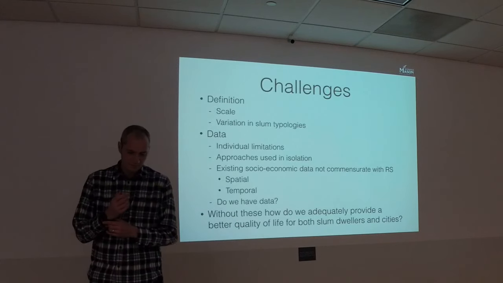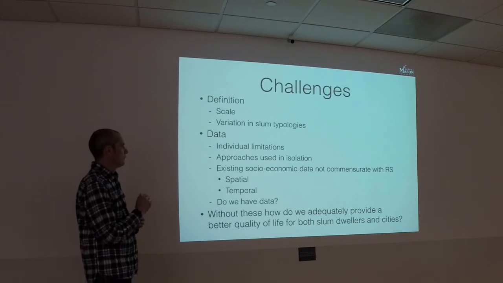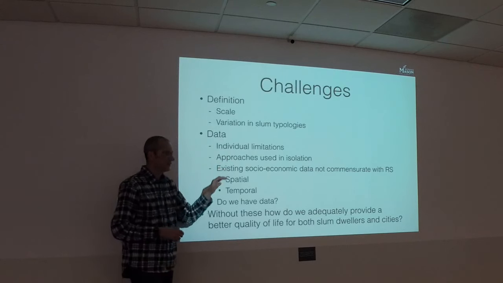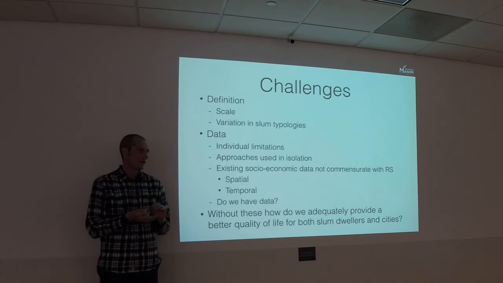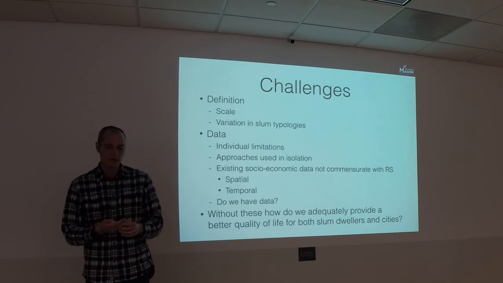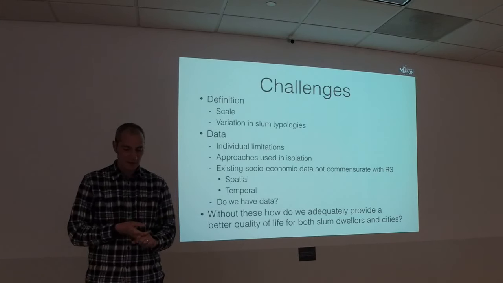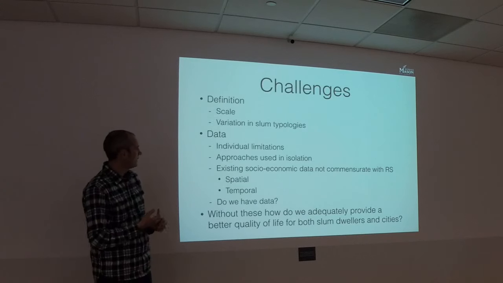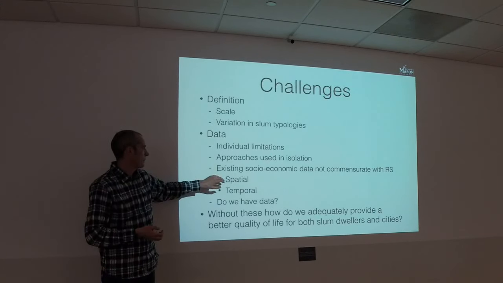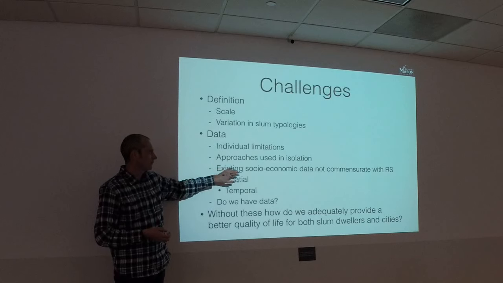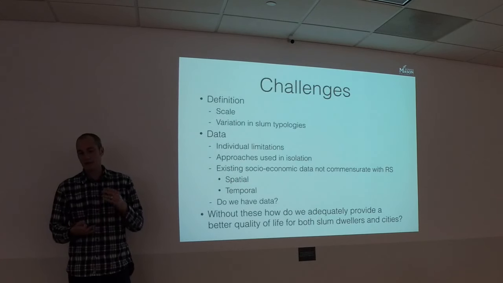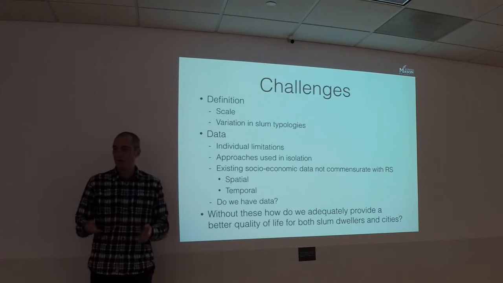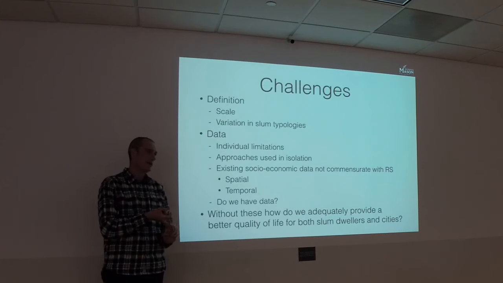Often also, most people will just look at one thing, remote sensing or socioeconomic. What we're trying to do here is merge these different things together, and later on I'll show you how. And often socioeconomic census type data cannot be compared to remote sensing because of maybe the time it was taken.